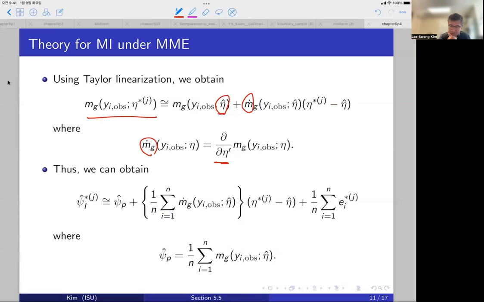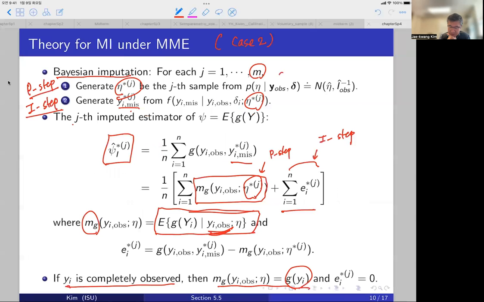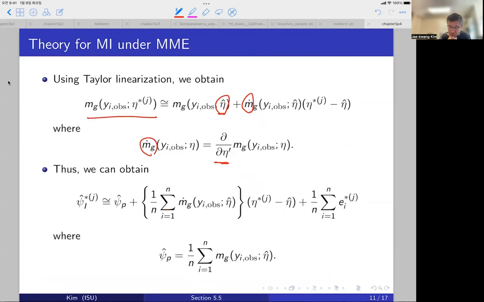So the first component has two parts, and at the end of the day you have three components. This is the I step, and this is the P step.